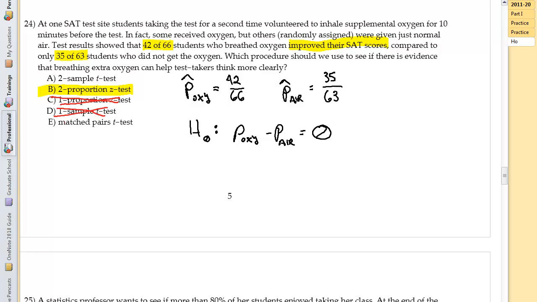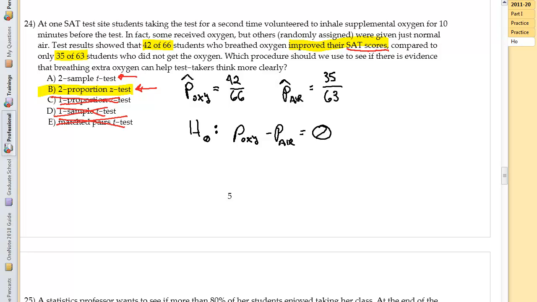And I don't think this follows the matched pairs, and we didn't really talk about it, so that wouldn't be an answer anyway. So really, you're just trying to determine whether it's a t-test or a z-test, a two-sample or a two-proportion. If you just looked at scores, like I started to do, you could make a mistake here.